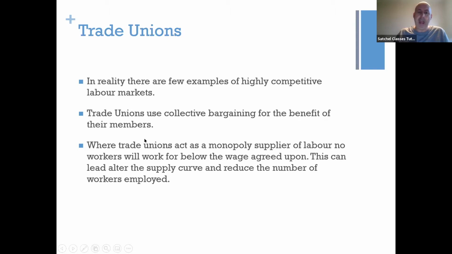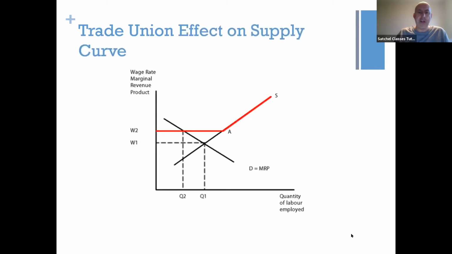So where you have everyone in a trade union working for a business, you may get this situation where we've got a wage above the equilibrium price, and you can see everyone starts at W2. So the traditional curve doesn't really exist below that point because everyone is getting paid at W2.